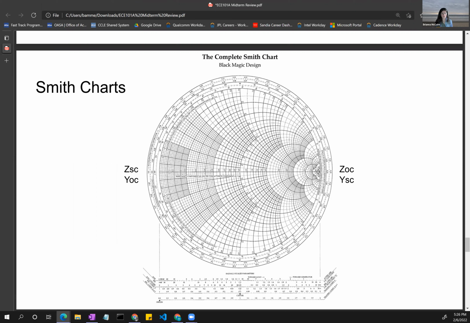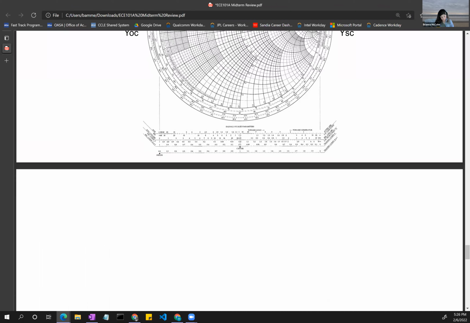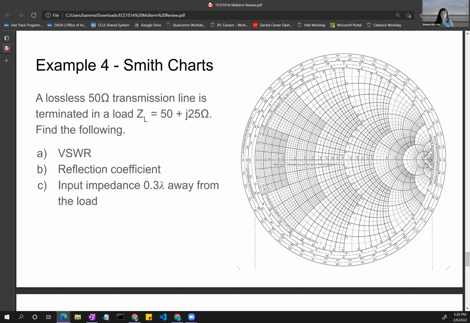So it's useful to keep track of what kind of quantity you're dealing with so that you know which part of the Smith chart you're going to be using. I think the best way to go through Smith charts is to look at examples. So I'm going to be finding some of these quantities based on the Smith chart here.